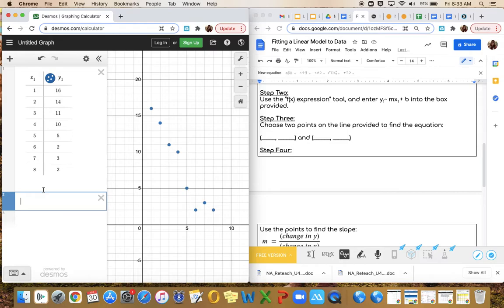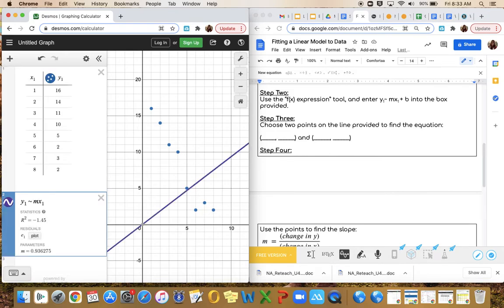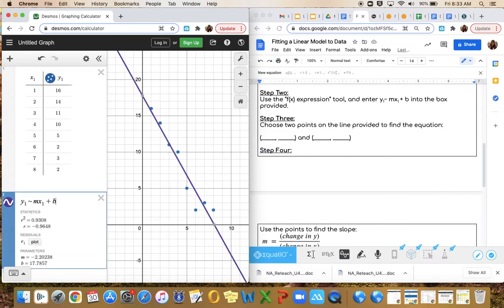And we're going to enter y1 and a squiggly line, m being our slope, x1 plus b. This is going to give us a line of best fit for this set of data.